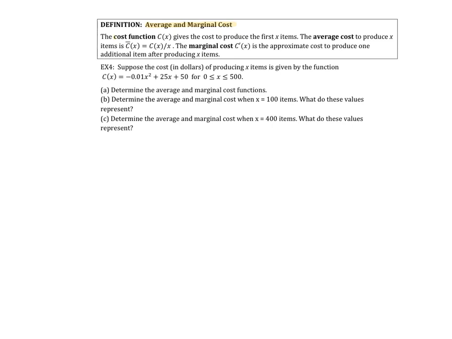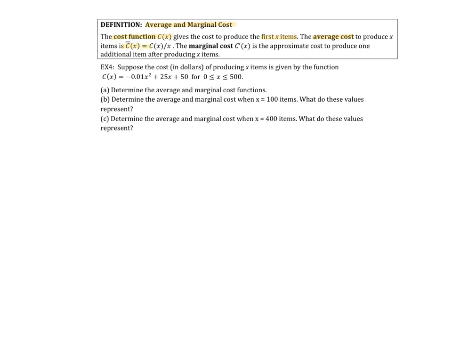So let's say you have some cost function C, and what it's going to give you is the cost to produce the first X items. Oftentimes you want to know the average cost to produce just one of these X items. The average cost is noted as a C with a bar, C bar.